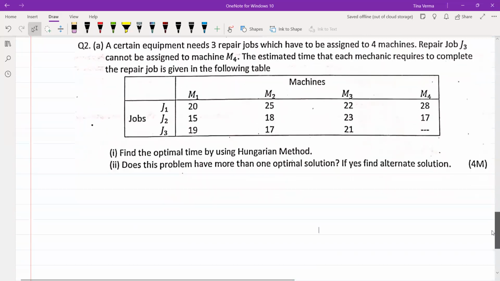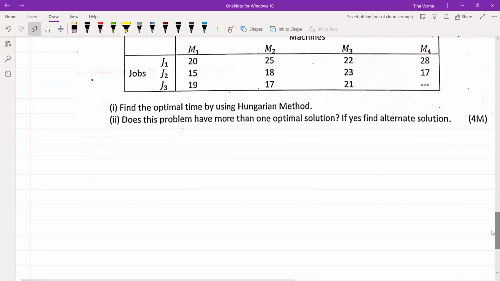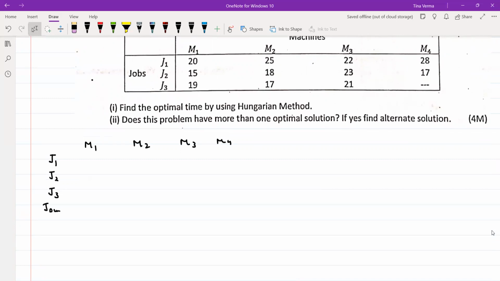For it to be balanced, I have here 4 columns but three rows. That means I have to make it balanced. So this is my J1, J2, J3, and this is my M1, M2, M3, and M4. So I have to add a fourth job, that is my dummy job.